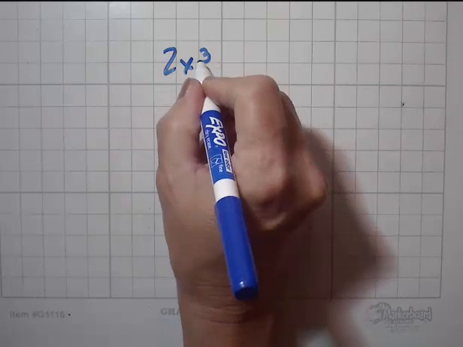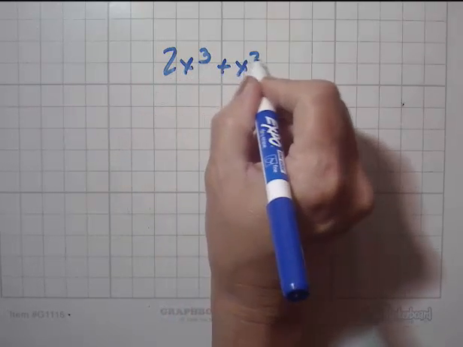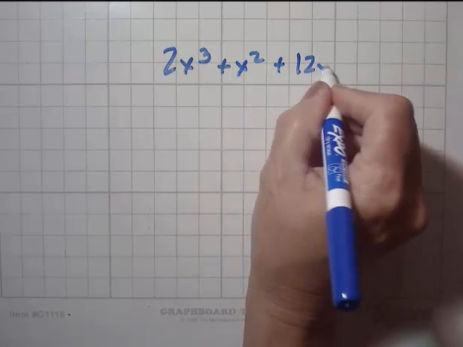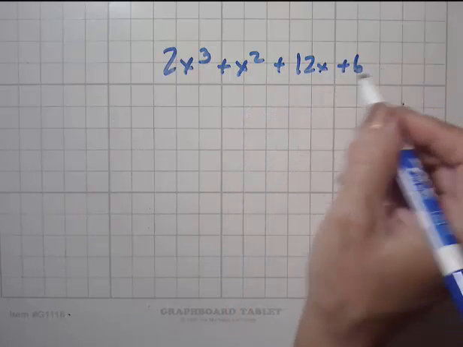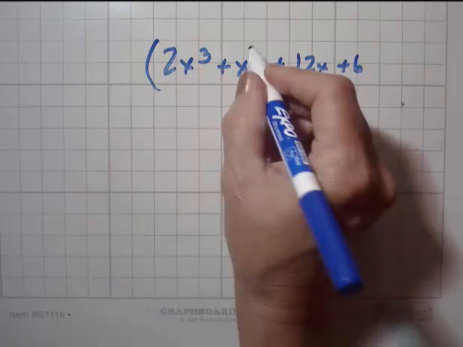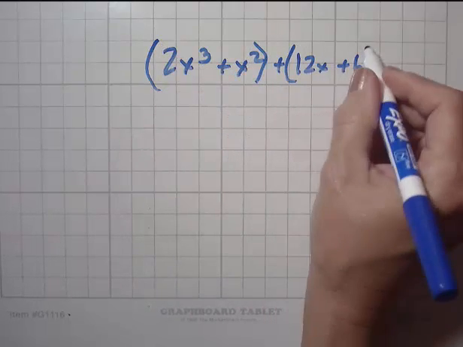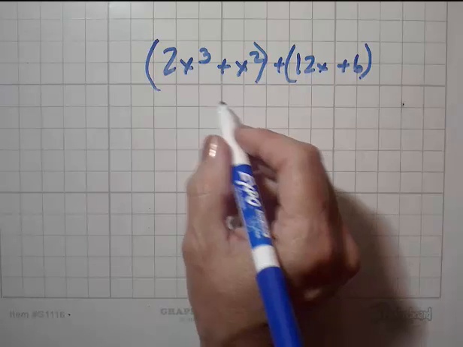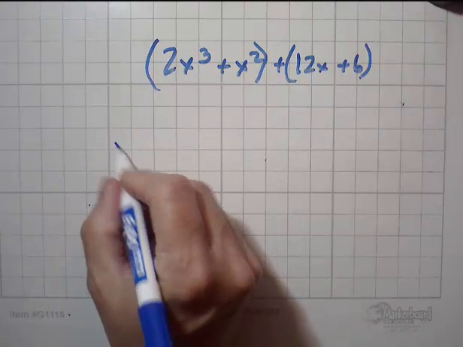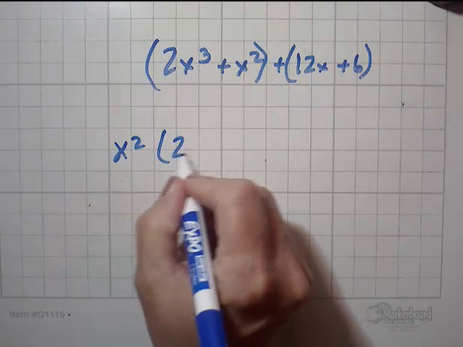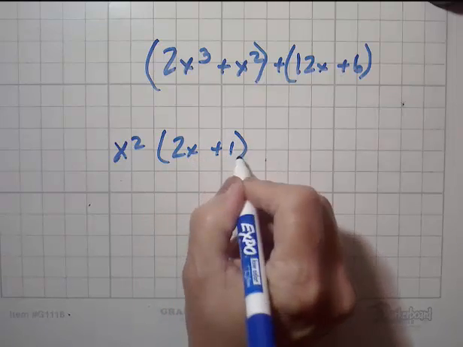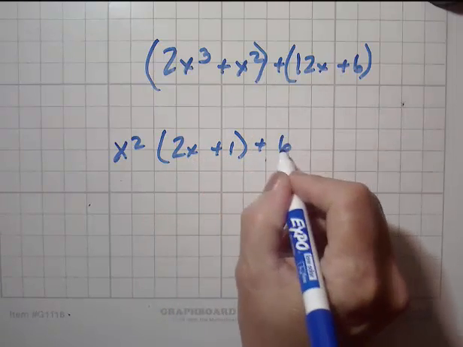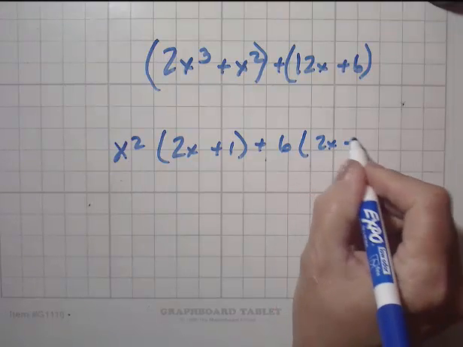2x cubed plus x squared plus 12x plus 6. Parentheses around the first two terms and around the last two terms. So when I look at this, I see what they have in common is an x squared, which leaves me with 2x plus 1. What those two have in common is a 6, which leaves me with a 2x plus 1.